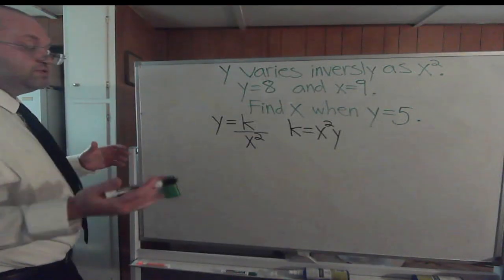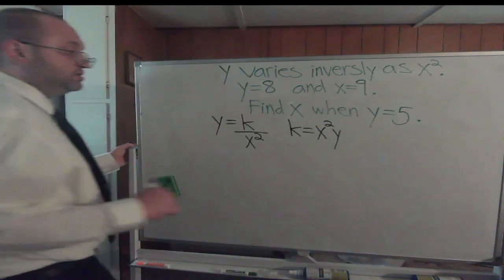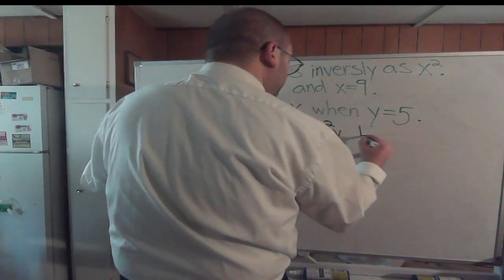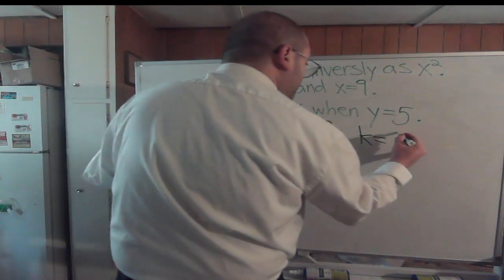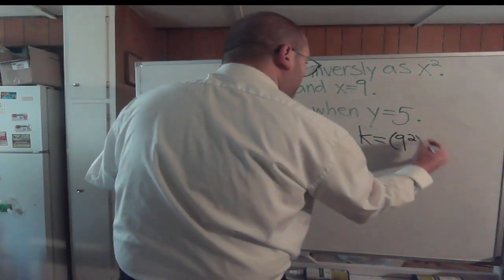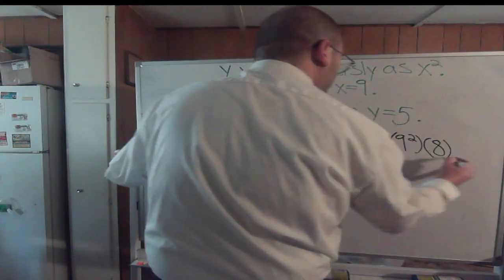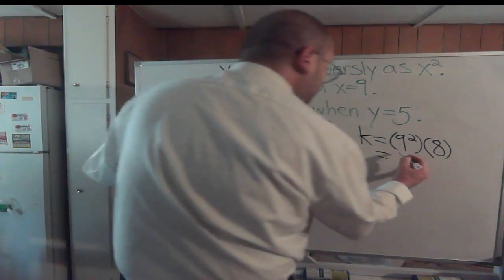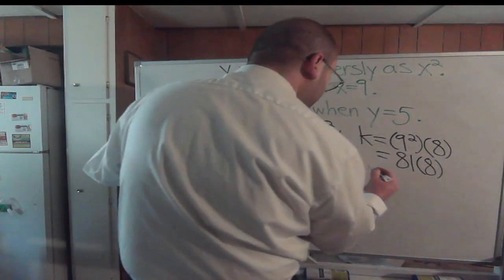Now all we have to do to solve for that constant of variation is plug in your values of x and y and solve. So k equals your initial value of x, which was 9, so that'll be 9 to the second power times your y value of 8. Well, we know 9 to the second is 81, so you'll take 81 times 8.